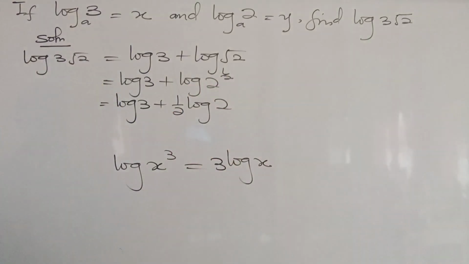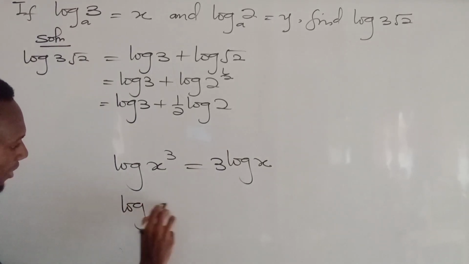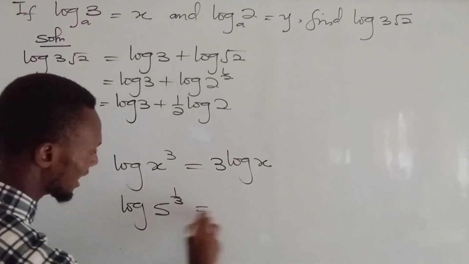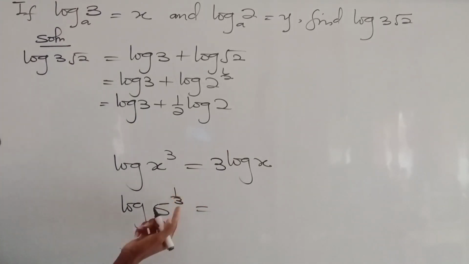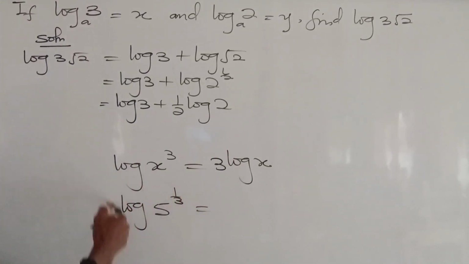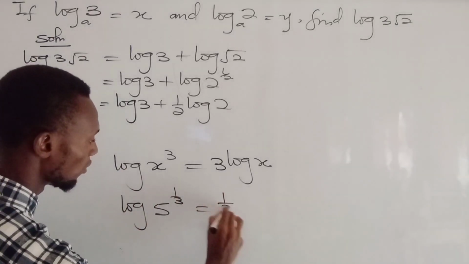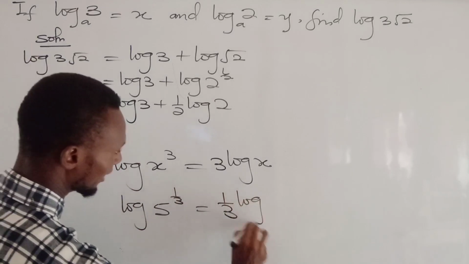Let me take another example. Let's say I have the log of 5 to the power 1 over 3. The law says that this power 1 over 3 can come in front of the logarithm sign. So we can write it as 1 over 3 log 5.